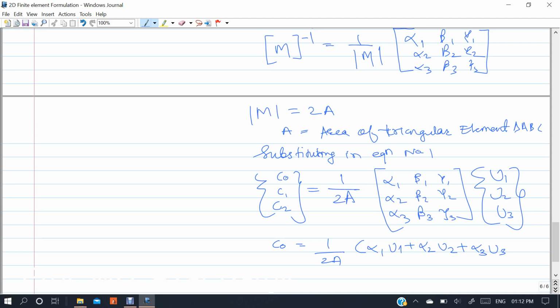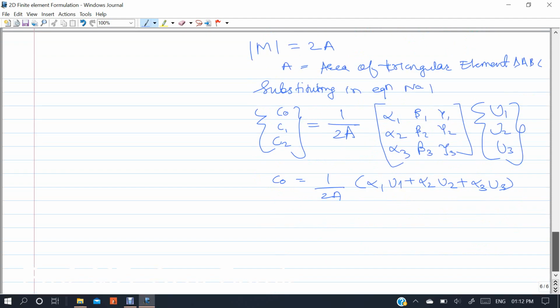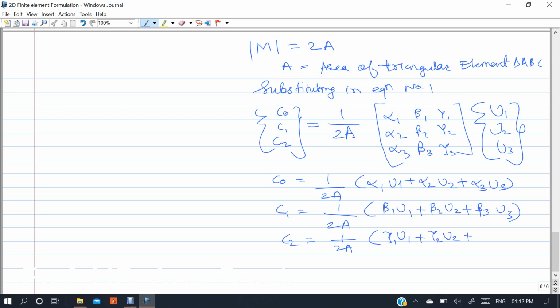Then C1 equals 1 upon 2A, beta 1 u1 plus beta 2 u2 plus beta 3 u3, row by column multiplication. Then C2 equals 1 upon 2A, gamma 1 u1 plus gamma 2 u2 plus gamma 3 u3.